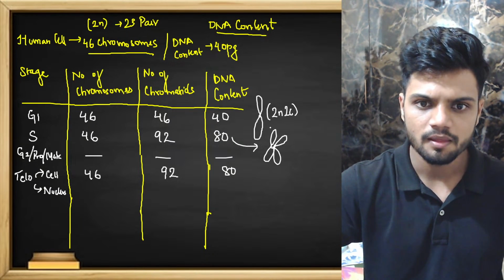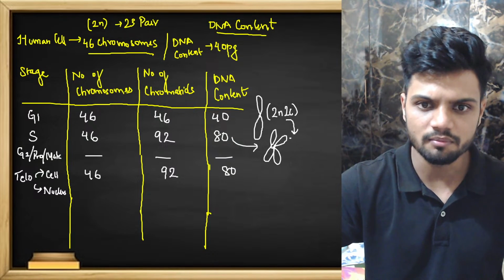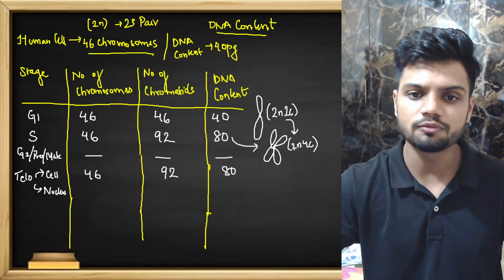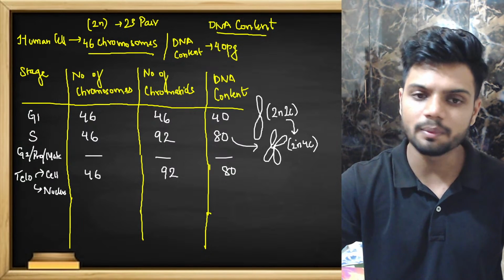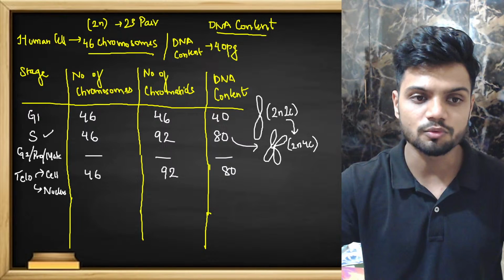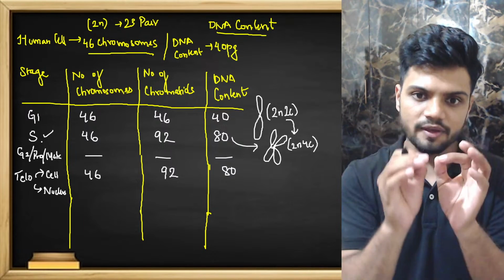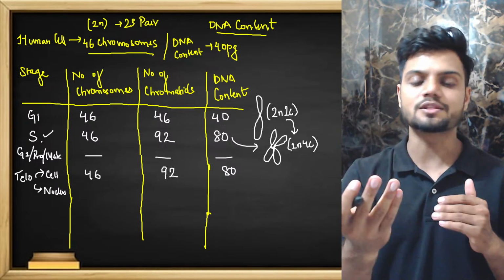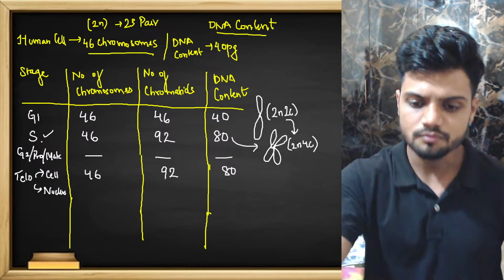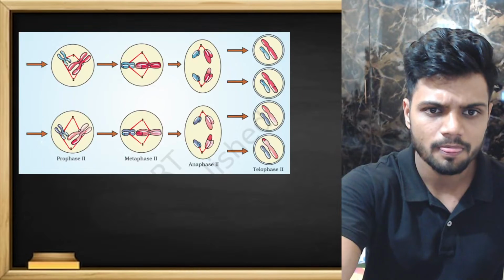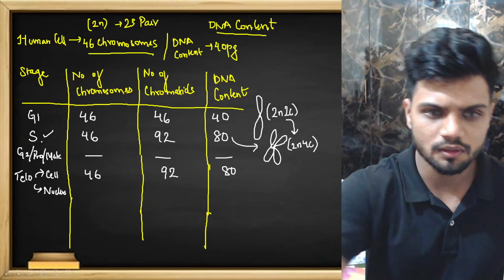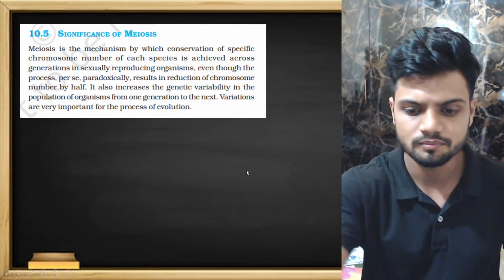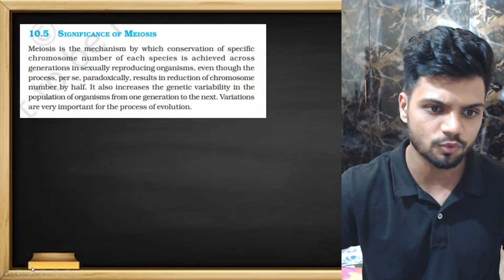It became 2n 4c, because the DNA content doubled, but the number of chromosomes does not change. Students, remember, in S phase the number of chromosomes remains the same. DNA content is going to double. That's all. DNA content 2n 4c. So right now, your nucleus per cell is also at 2n 4c.